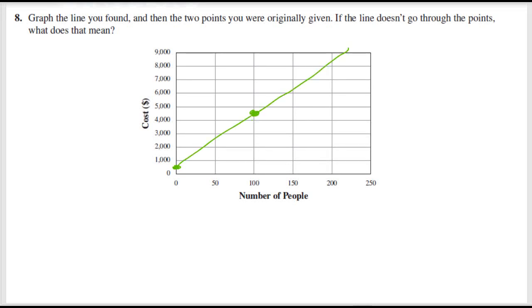That's going to give me a line. And so at 150, we need to go through the point 6,500. And it came pretty close.